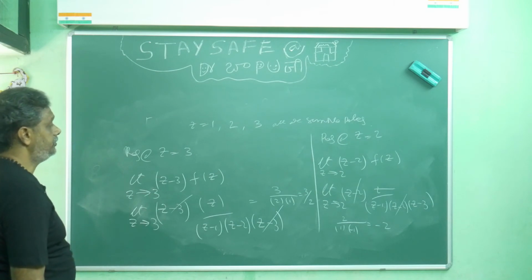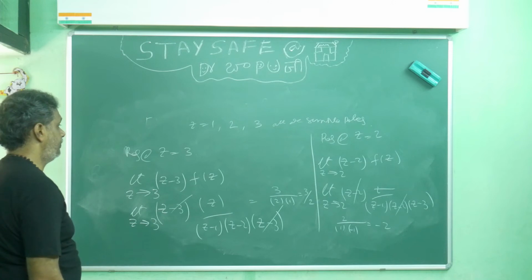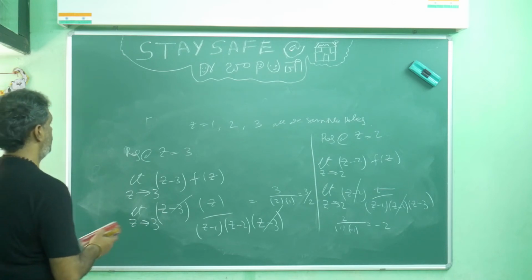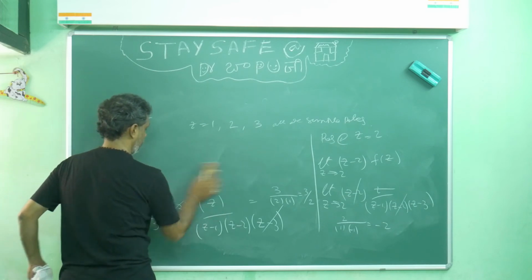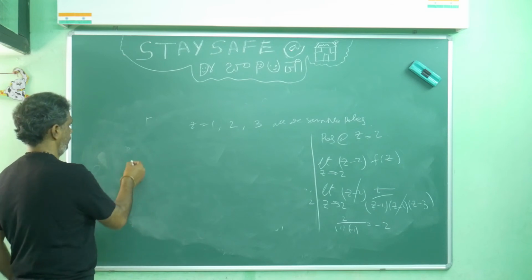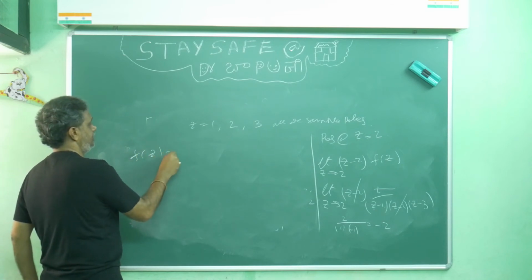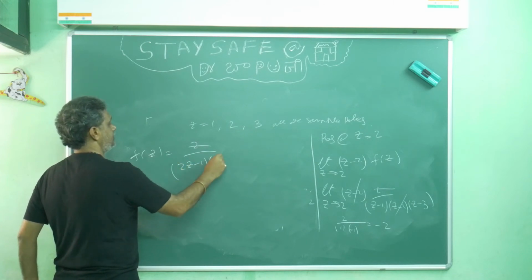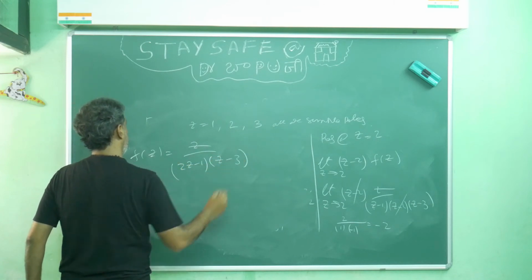Suppose the denominator is (z minus 1)(z minus 2)(z plus 1), then z is equal to minus 1, that is okay. Sometimes you may have a denominator like this. How will you attack that? I don't want to do the full problem, I will just give the example. f of z is equal to z by (2z minus 1)(z minus 3).